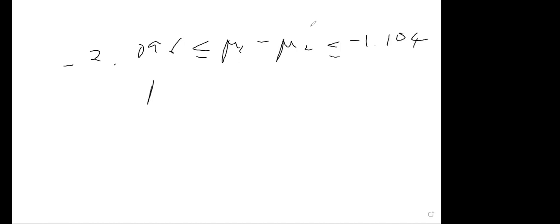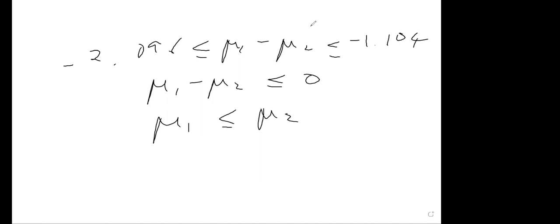So when we have negative 2.096 < mu1 minus mu2 < negative 1.104, then mu1 minus mu2 is less than or equal to 0. It's negative, meaning that mu1 is less than mu2.